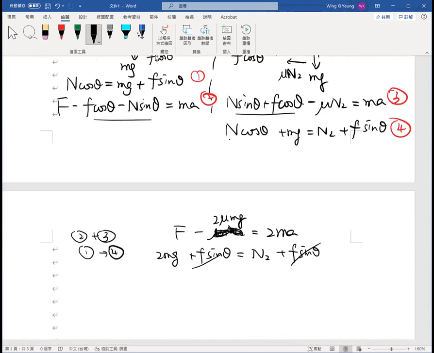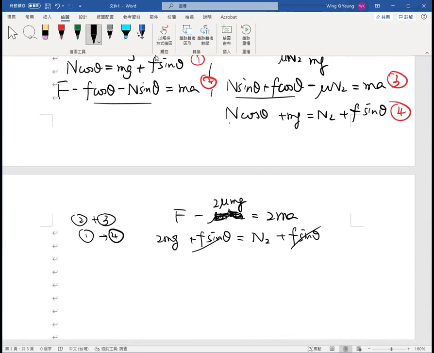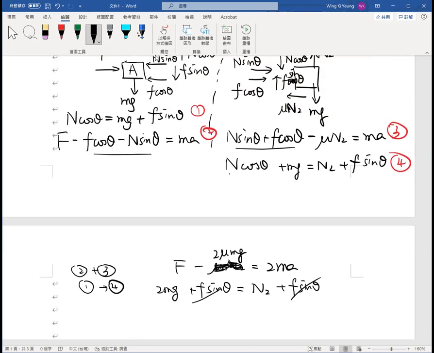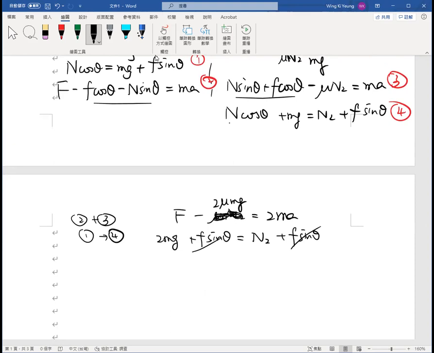Not yet done. We are going to solve for the friction and the normal force. What we can do next is make use of the unique structure of the equations. You make use of the combination of 2 and 3, 1 and 4.